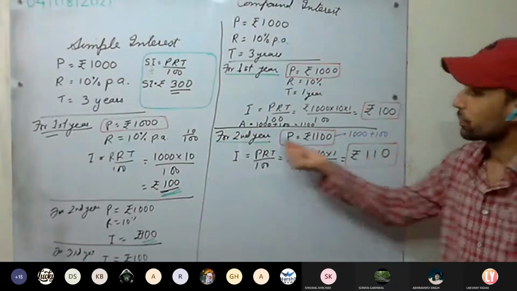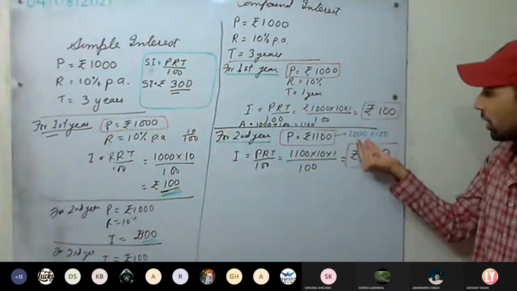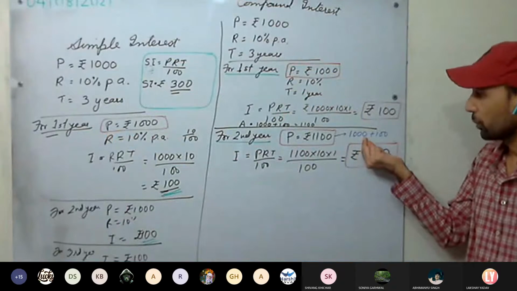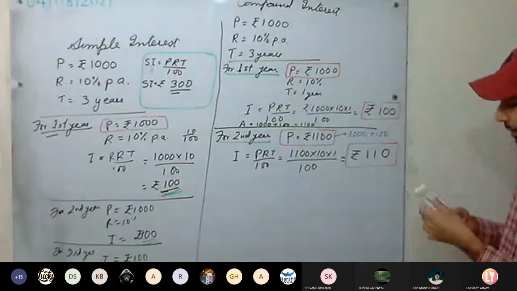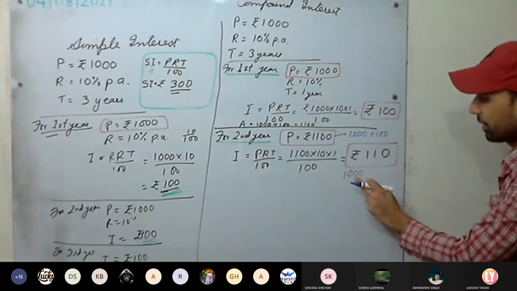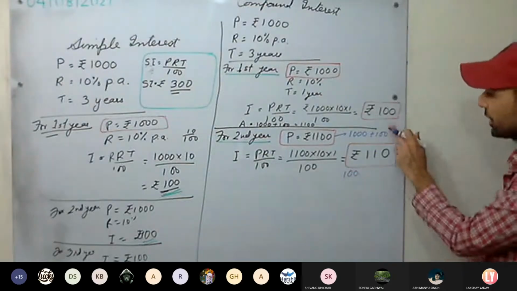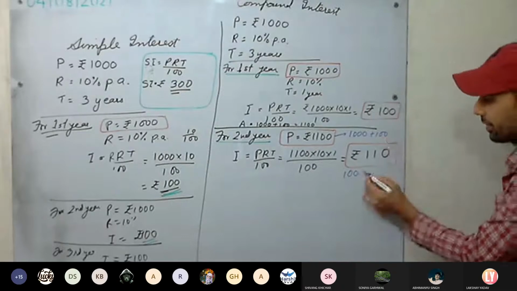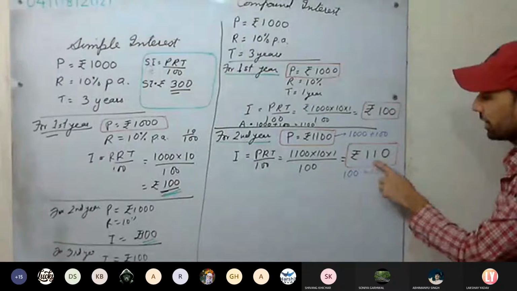Now see here, on 1,000 rupees, what will be the interest? 100 rupees. And what is the interest on 100 rupees? 10. So total is 110.